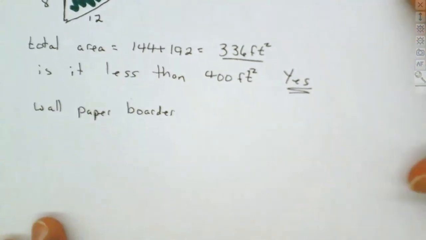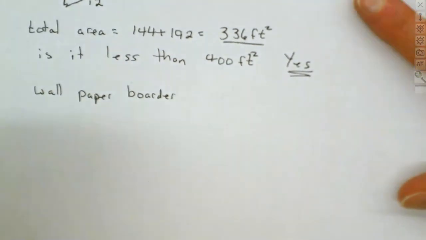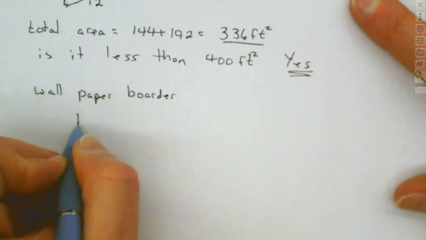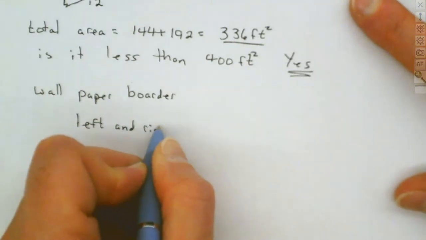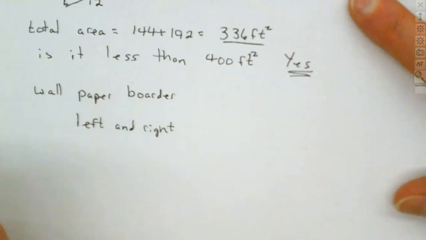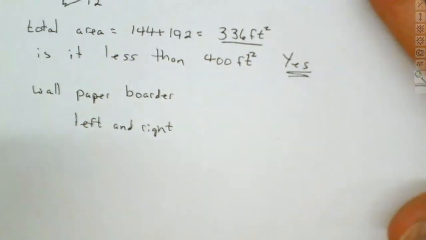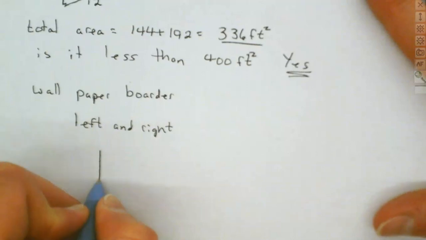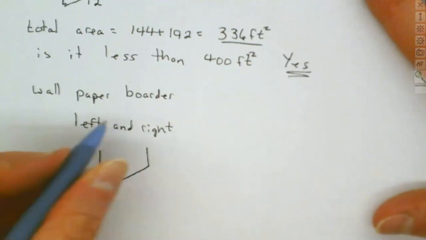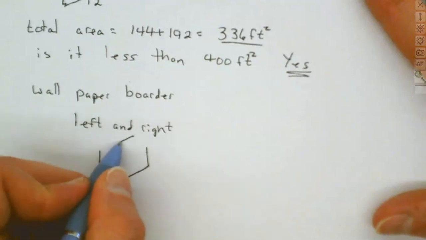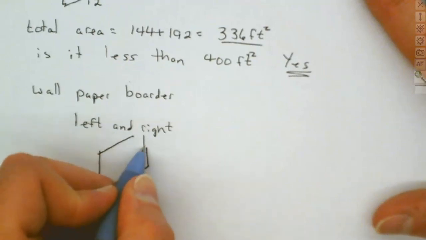Again, we're going to do the same concept here with the wallpaper border. So we're going to look at the left and the right first. Either one, you do the left or right, top or bottom, it doesn't matter. But let's do the left and the right first. We'll do the top and the bottom next. Okay, so how do we paper a room?